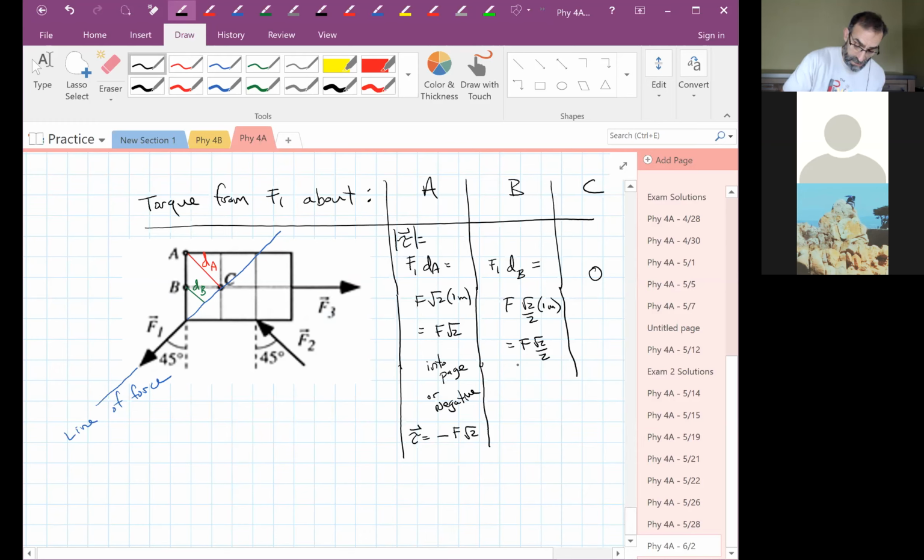There. And magnitude of the torque equals. So F1 acting on this object about axis B would also cause clockwise rotation. So that would be into the page. We okay with that? Same as the other one. And this one is 0.